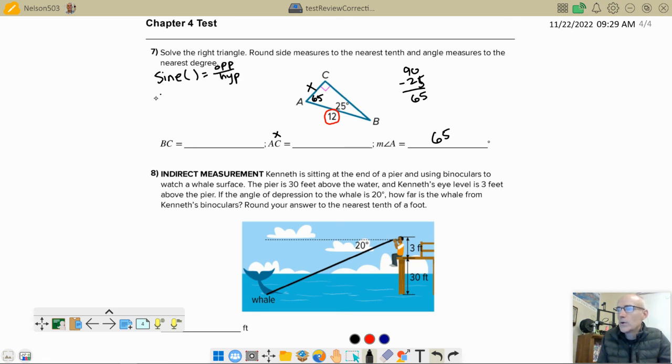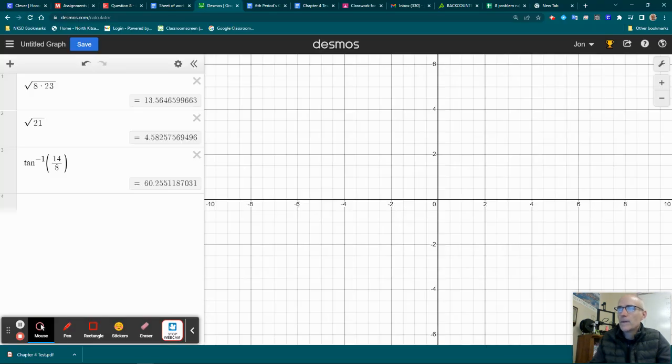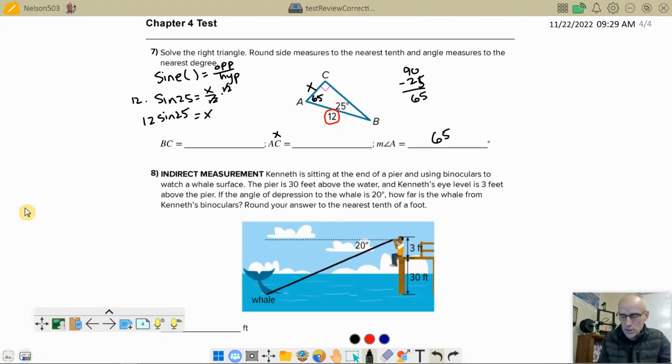And so I'm going to go the sine of 25 is equal to x over 12. Multiply both sides by 12, and the 12's over here divide out, and now I'm down to x equals 12 times the sine of 25. Jam over here, 12 sine 25. I got 5.1. So 5.1 right here.